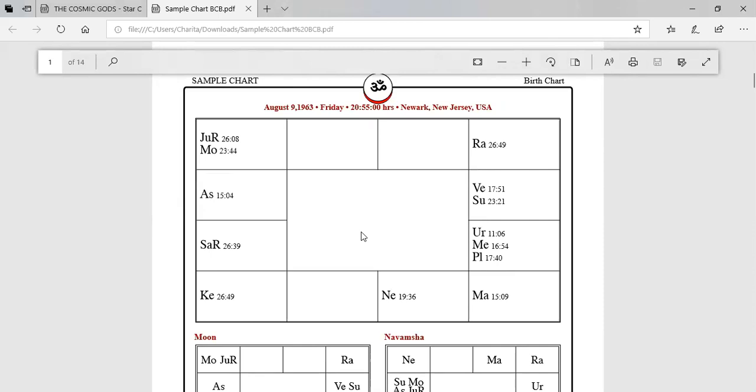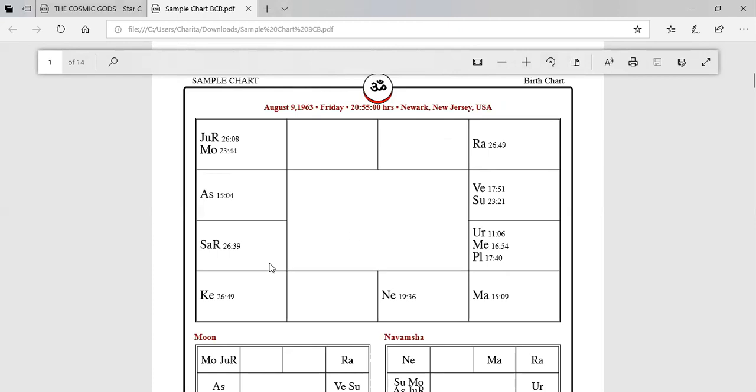So again, for the purpose of this series, especially for those of you who are beginners, we will be referencing the South Indian chart, all right? So I just want to go through the elements that are included in your chart package, and then you will kind of get a bigger picture of how to move forward in future lessons, okay?